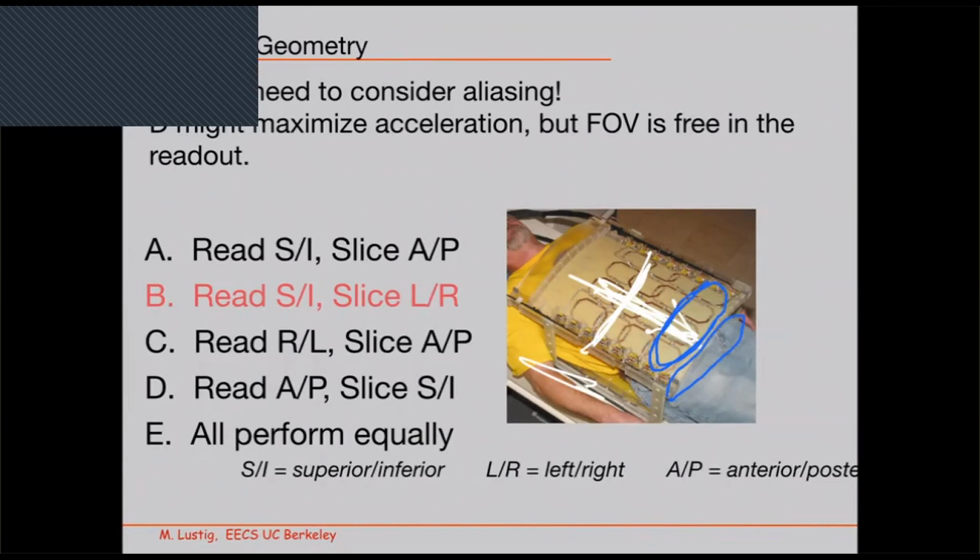You have a 2 in the AP direction because these 4 and these 4 are kind of the same, so in the AP direction you'll get 2 coils. And then in the left-right direction, you have 4 coils, because you have 1, 2, 3, 4 coils in the left-right.